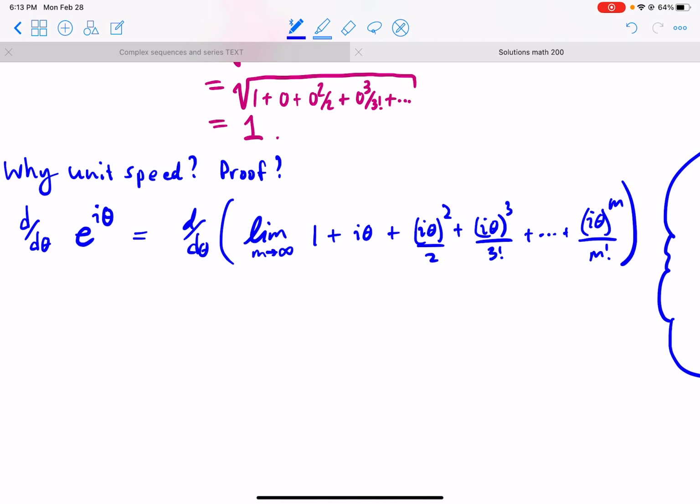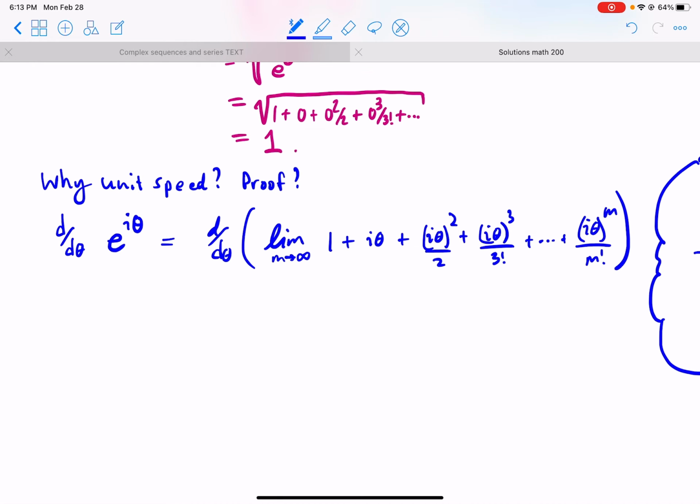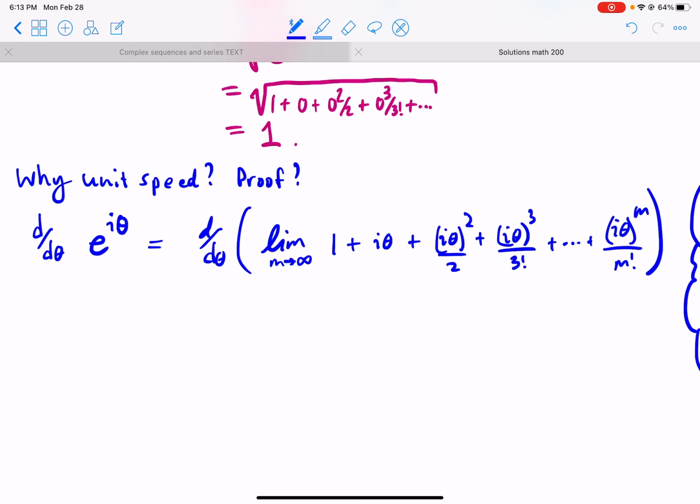And so remember, for power series, we can actually just differentiate term by term. And so I guess what that really means is that the derivative passes through the limit. In our book, we prove that you can differentiate power series. And so here we go. d theta applied to all this stuff.